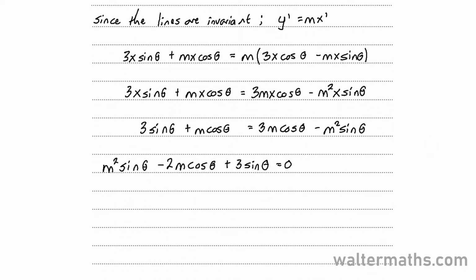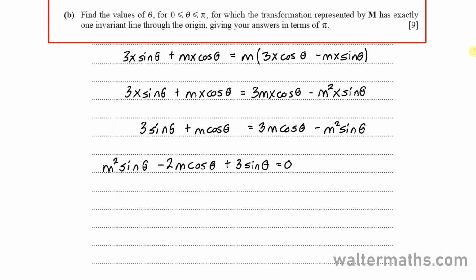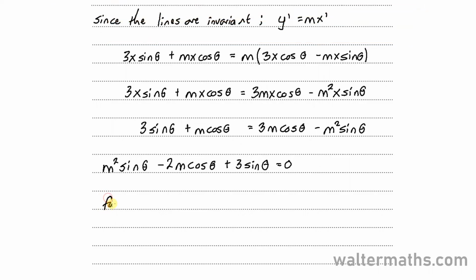Now, if you look at the question, we really want to find the value of theta for which the transformation has exactly one invariant line through the origin. So we're saying for one invariant line, this should mean that the discriminant, that's b squared minus 4ac, should be equal to 0. Okay, that's more like one real root.